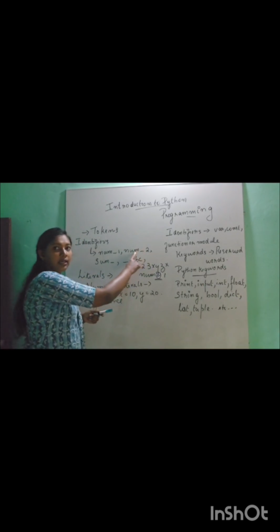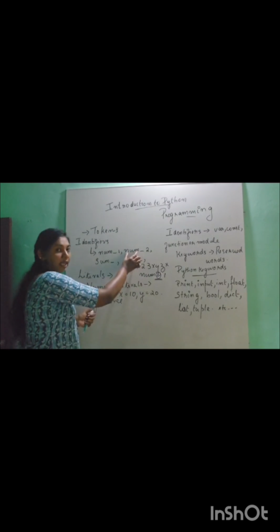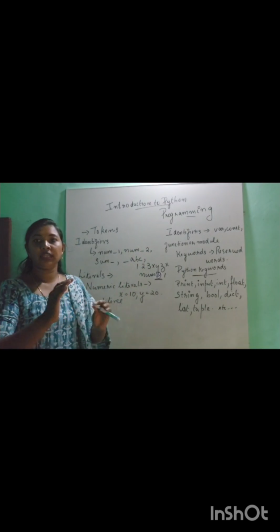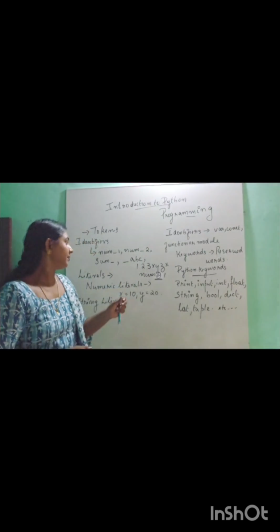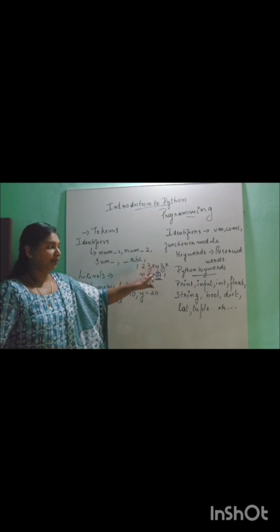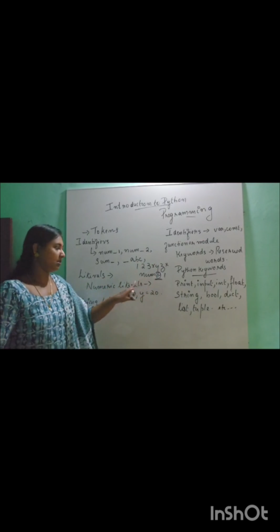First you give a valid name, then you can use underscore to concatenate two names. Then these are all valid identifiers, and these ones are invalid identifier names.